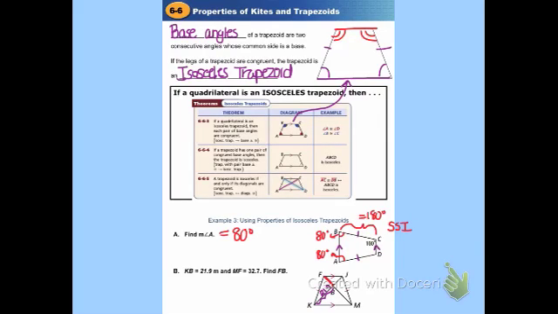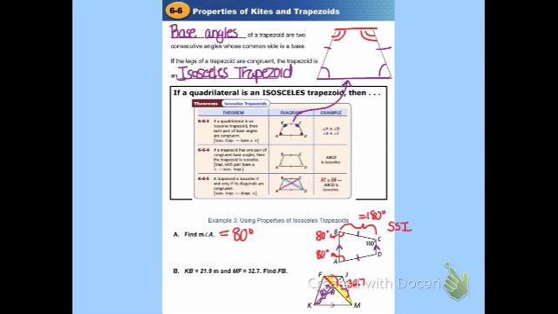And we know that the length from M to F, this whole entire thing from here all the way down to M, is a total of 32.7. Well, remember the diagonals are supposed to be equal. So if the whole diagonal FM is the same as diagonal KJ, then they're both 32.7.